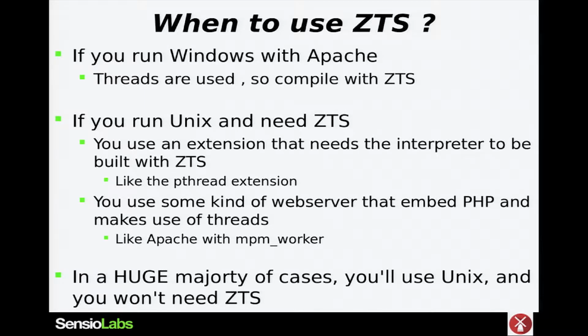Nowadays, if you run PHP under Windows, you have two choices: you use Apache, and then you will have to have a ZTS PHP, or you can still use FastCGI, which will just use processes. In this way, you won't need ZTS.